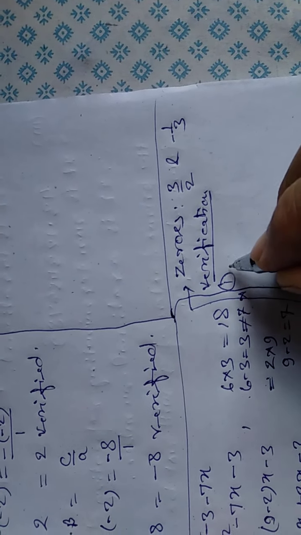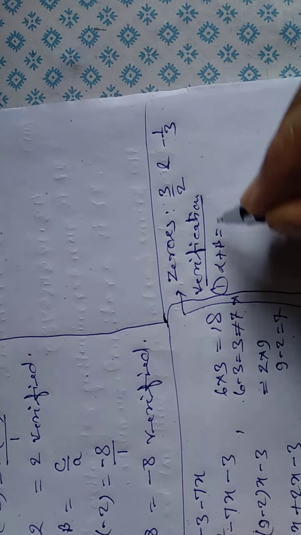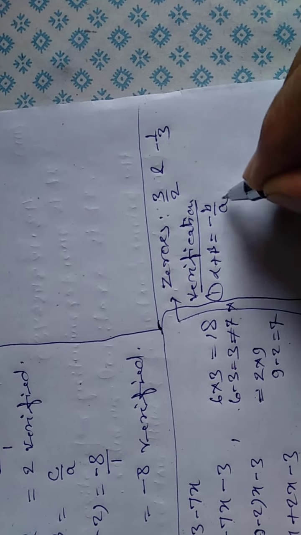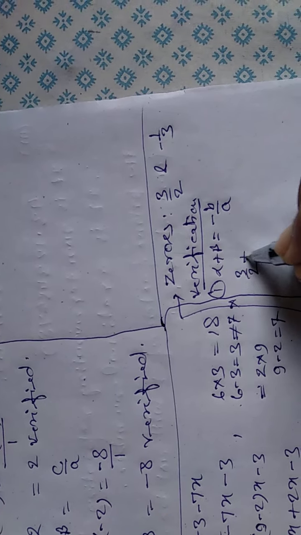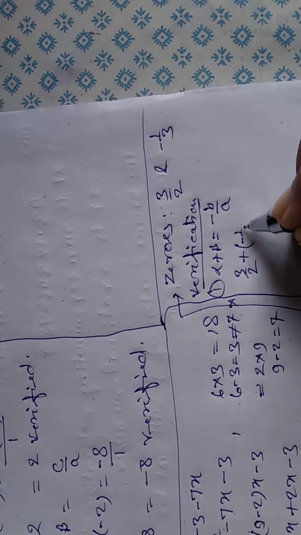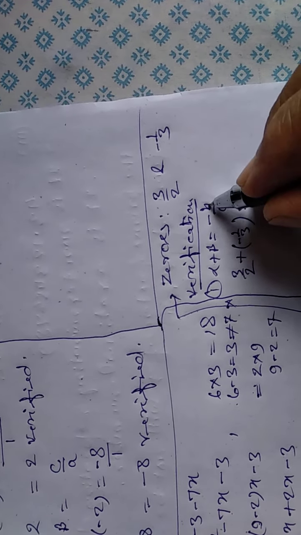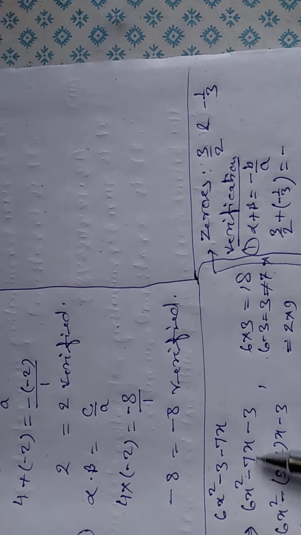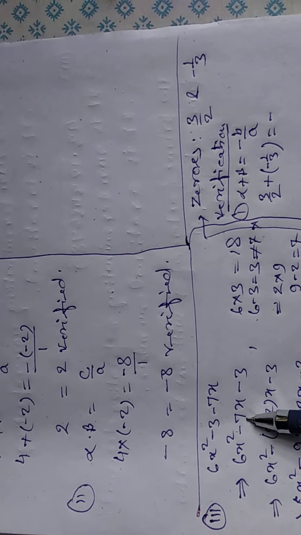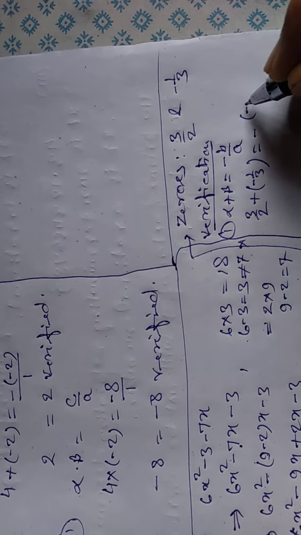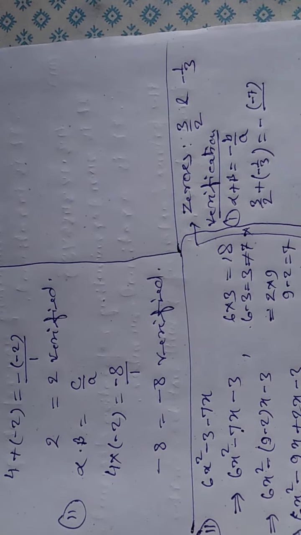Number 1, alpha plus beta is equal to minus b by a. Alpha is 3 by 2 plus beta is minus 1 by 3, equal to minus b by a. What is b? b is minus 7, the coefficient of x. It is minus of minus 7 by a.